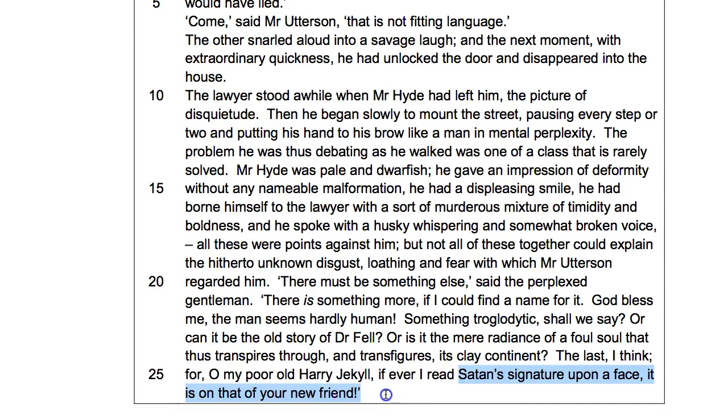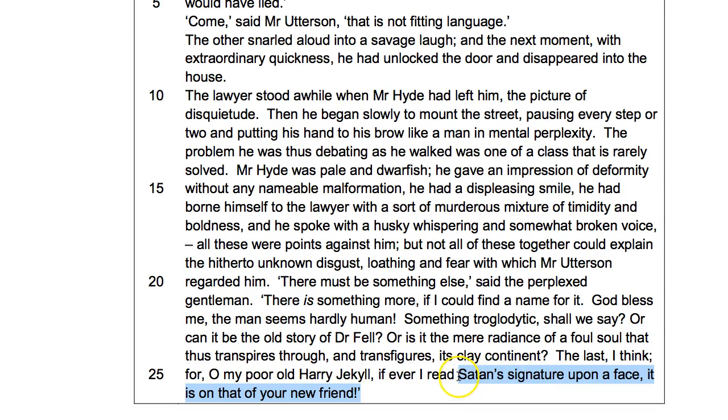So this melodramatic reference to Satan, again, is part of the genre of Gothic fiction that his readership would have enjoyed so much, but partly Stevenson is ridiculing that because obviously if he doesn't believe in God, he doesn't believe in Satan.